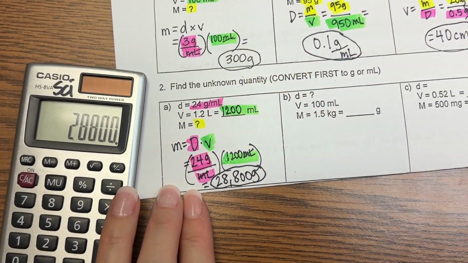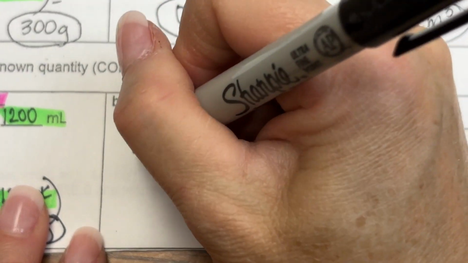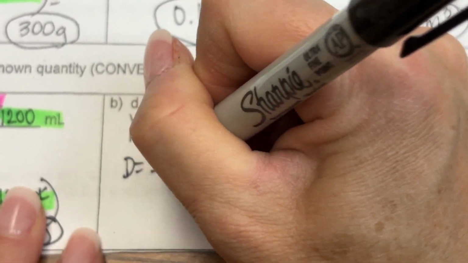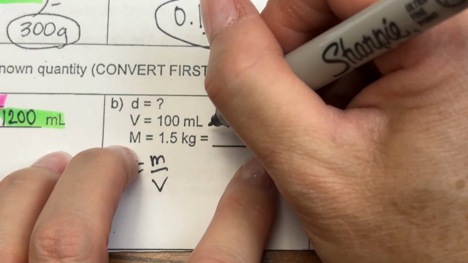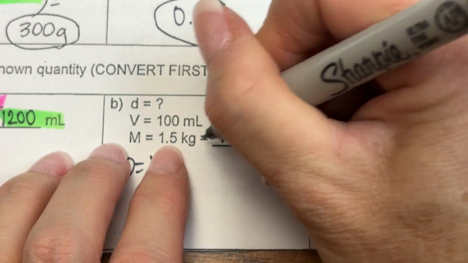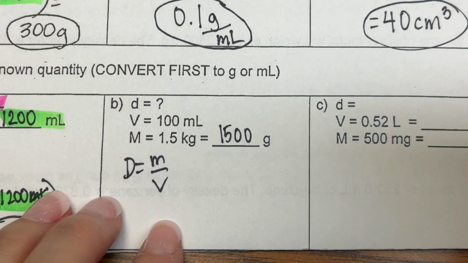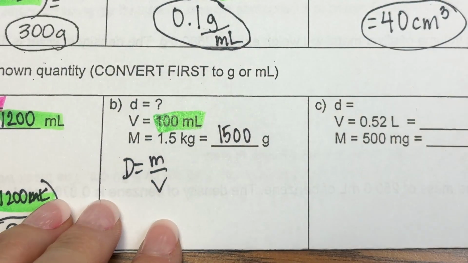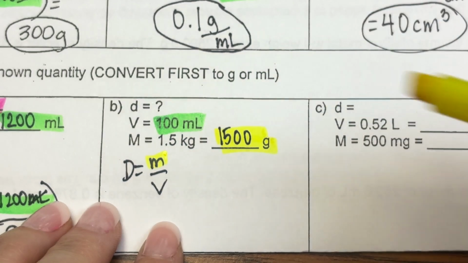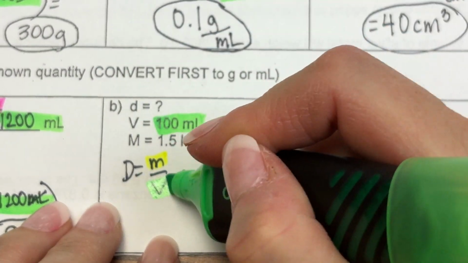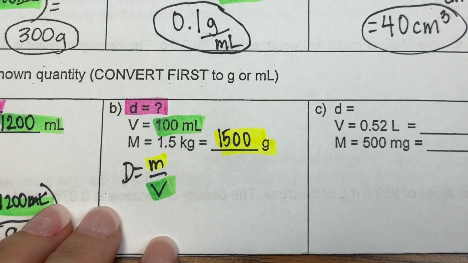All right, we're going to do the next problem. Convert first. D equals M over V. 1.5 kilograms equals how many grams? We're going to move the same way. 1,500. The volume, the mass. All right.